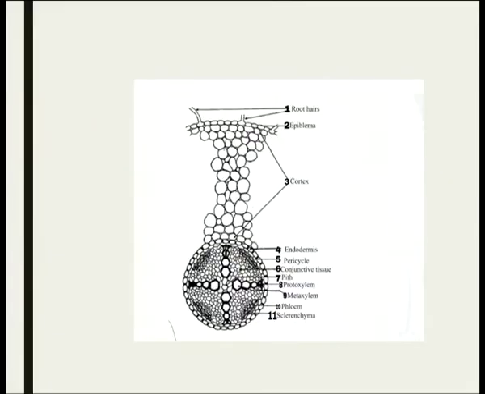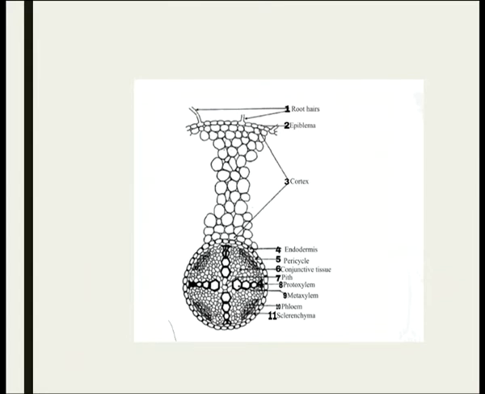Next, now you can see in this figure, if you are able to see point 1, which is written as root hair. Root hair emerges from epiblema, the outermost layer, and these root hairs are generally single celled. They increase the absorption area of the root.